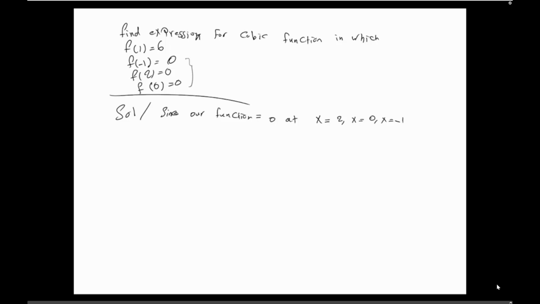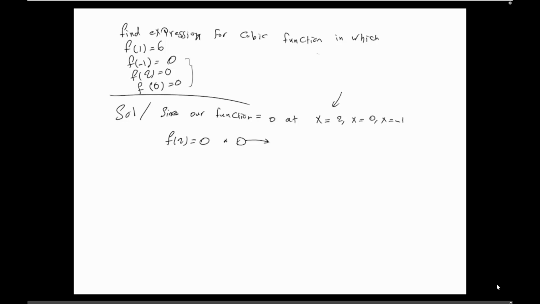This means that in order for our function to be 0 at x equals 2, our function must be multiplied by 0, because if you multiply anything by 0, you're going to get 0. So in order to make f of 2 equal 0, what we need is a multiplication by 0.